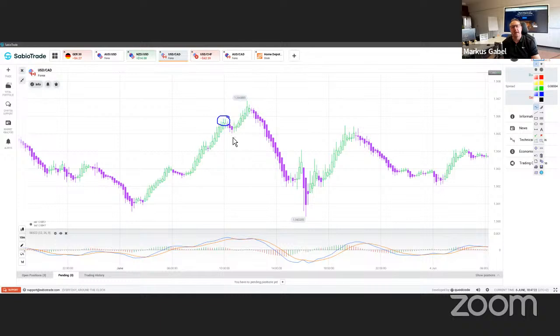Price is going up, it falls a little bit, then it's going up again and makes a new high. And you see the indicator is going up also, creates a high, but the second high is a lower high in the indicator. And this is one of the most interesting strategies ever.